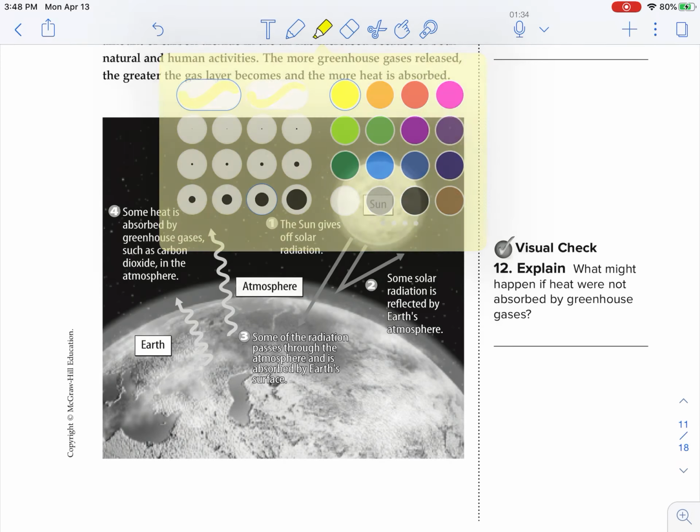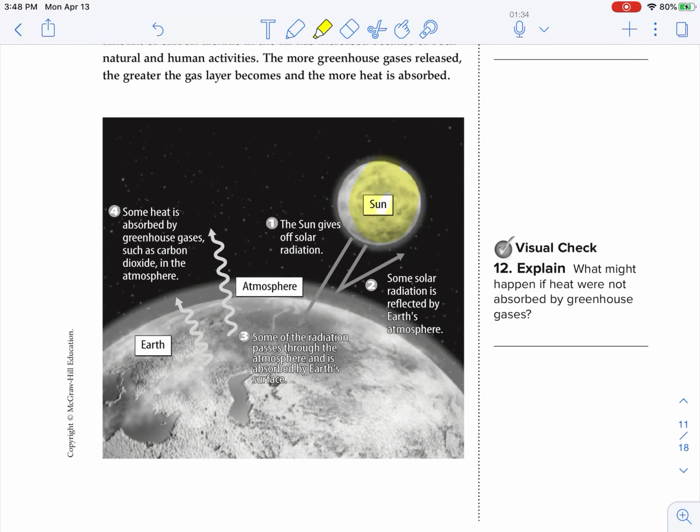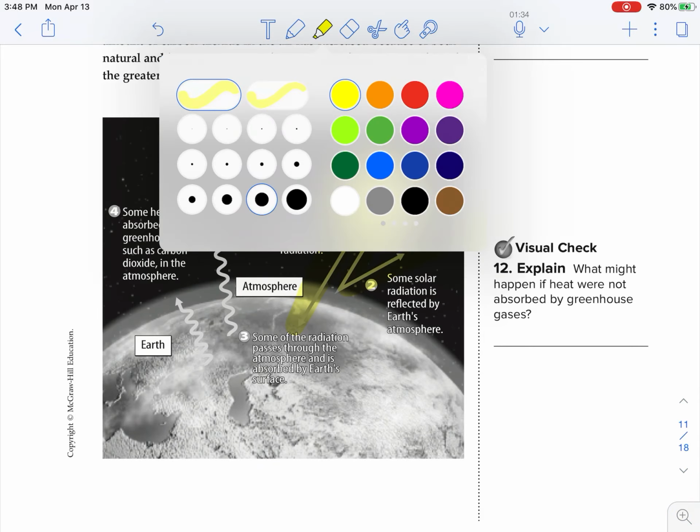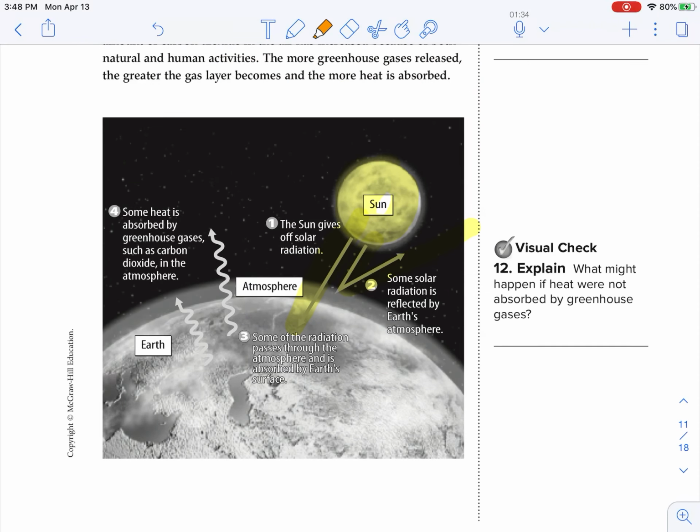Alrighty, so let's take a look at this. So we start out here with our sun. The sun gives off solar radiation. We know that. Some of it is going to be reflected back out into space by Earth's atmosphere, but not all of it. Some of it is going to pass through the atmosphere and is absorbed by Earth's surface.